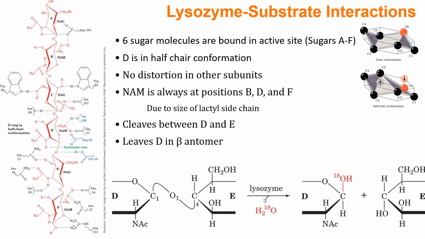When they did this experiment in the presence of radioactive water and then after the reaction was done, they determined where the radioactive water added. They found that radioactive water is adding to sugar D. So we know where we're cutting: between sugar D and sugar E.